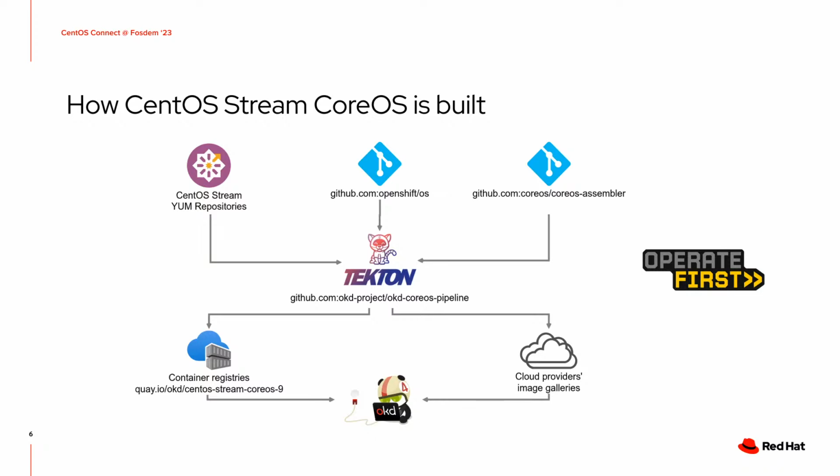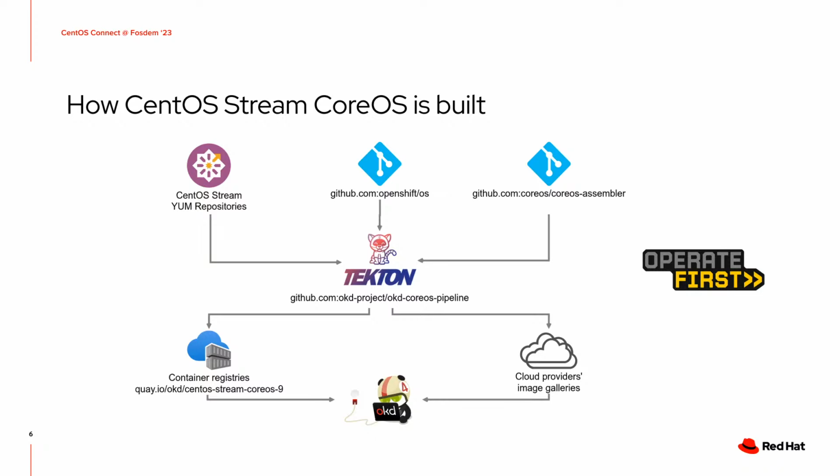Finally, out of the pipeline, we get our bootable container images, which we distribute through Quay, and also the traditional boot images in RAW and ISO formats, as well as AMIs and all these things that we then push to cloud providers' image galleries for distributing them. Both of these are then consumed by OKD.